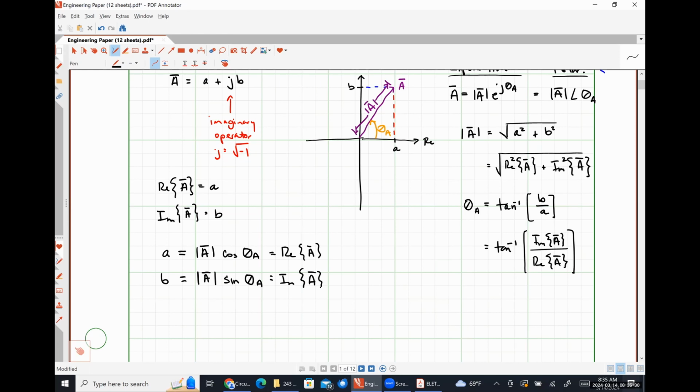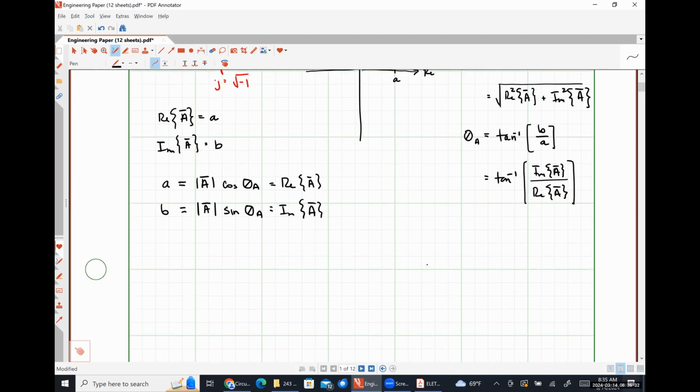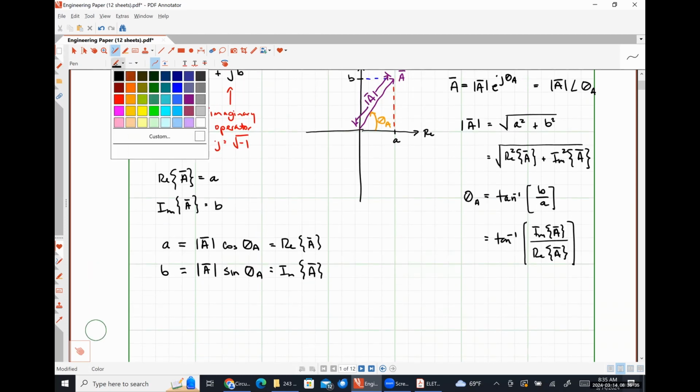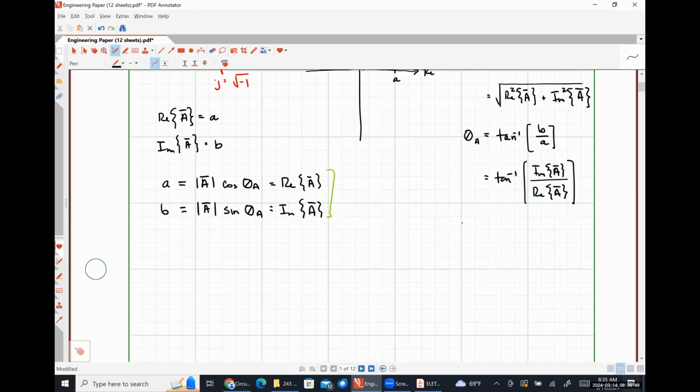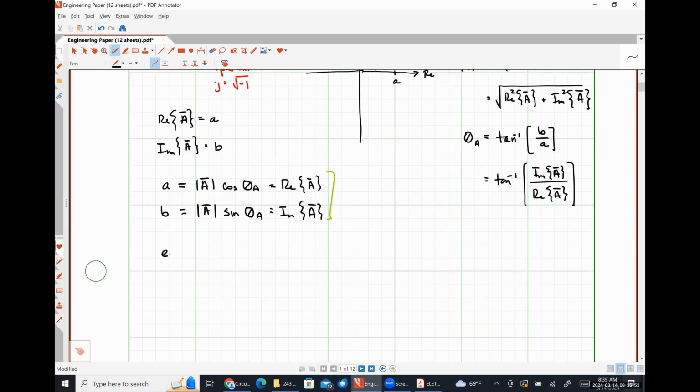This actually brings us to a very interesting identity that is kind of fundamental to the field of electrical engineering. Okay. So if we look at this polar form representation, and then these two equations right here, what we can surmise from this is that e to the j theta is equal to cosine theta plus j sine theta.